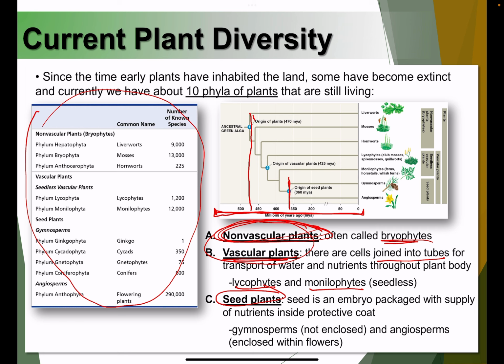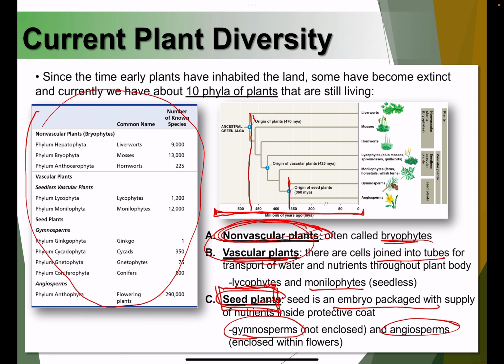Third, we can look at whether a plant has seeds or not, which I briefly mentioned just now. A seed is defined as an embryo packaged with a supply of nutrients inside some sort of protective coat. Seed plants can be subdivided into gymnosperms, where the seeds are not enclosed in chambers. Gymnosperm is defined as naked, with nothing enclosing the seed, whereas angiosperms are flowering plants where the seeds develop inside chambers that originate within flowers.